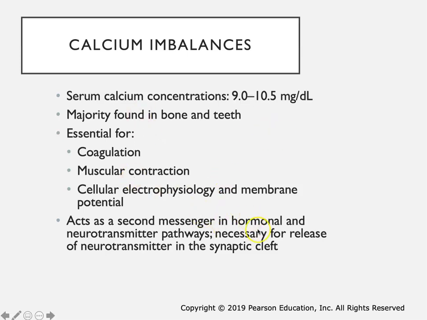Also says here it acts as a second messenger, okay? So once a neurotransmitter or a hormone binds to its target cell, it activates a sort of cascade of events in that target cell. And oftentimes calcium is a messenger in that pathway, okay? So it's important for eliciting effects of hormones and neurotransmitters as well.